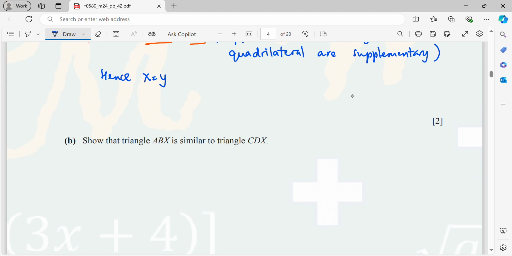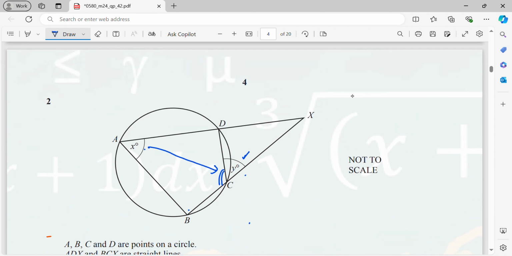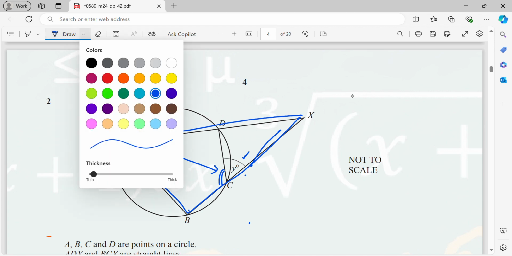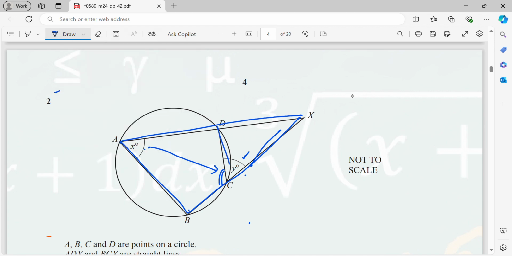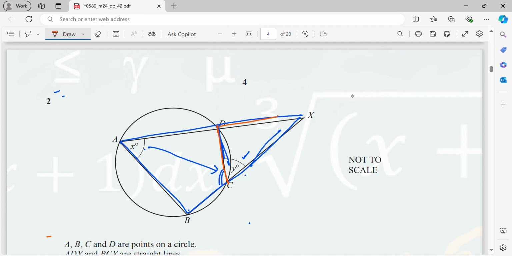Now B, show that triangle ABX is similar to triangle CDX. Okay, let's look at the triangle ABX, the big triangle, and show that it is similar to CDX, this triangle.